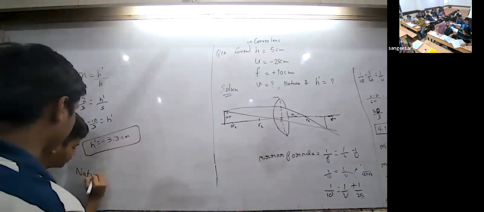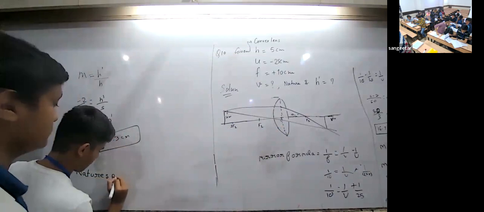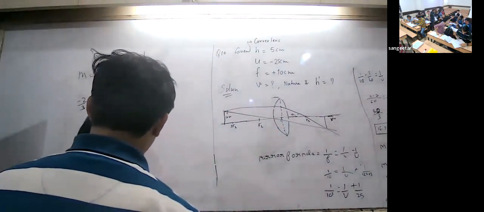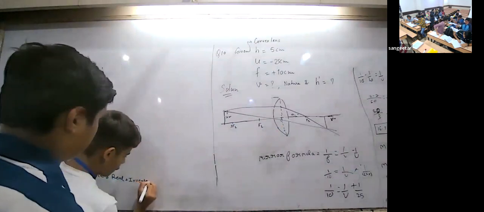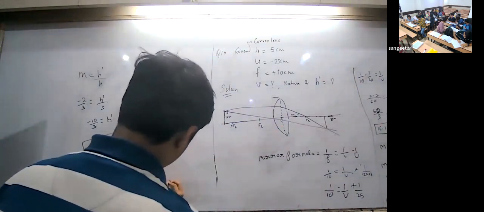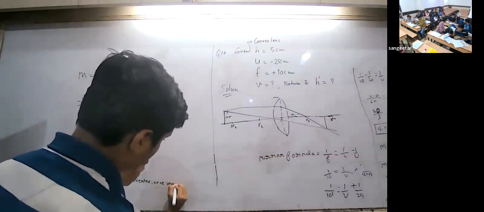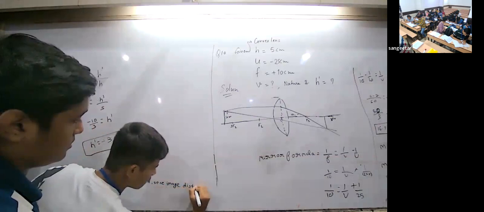Can you do it now? How will you write? This is 25 minus 10 divided by 10 into 25. This is 1 by V. So 25 minus 10 is how much? 15 divided by 10 into 25.